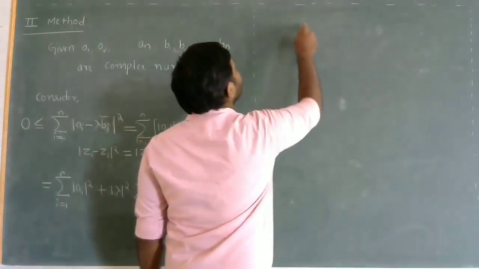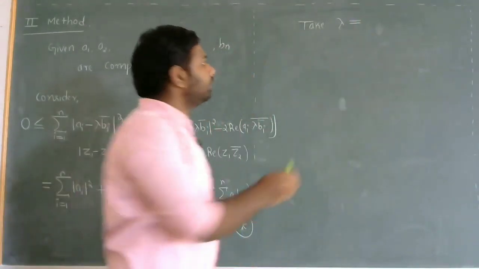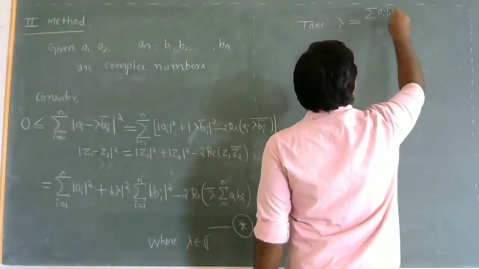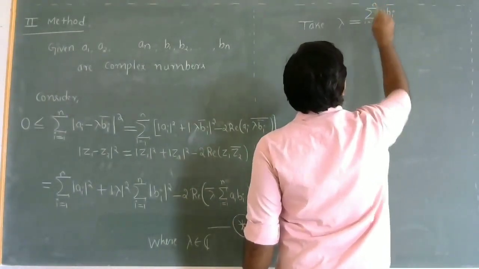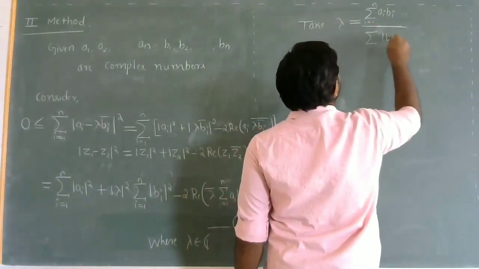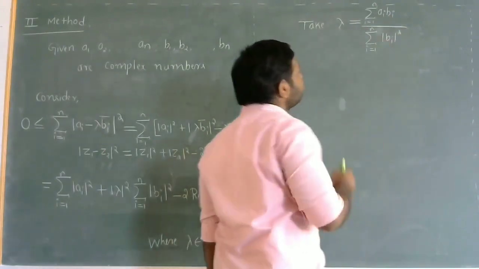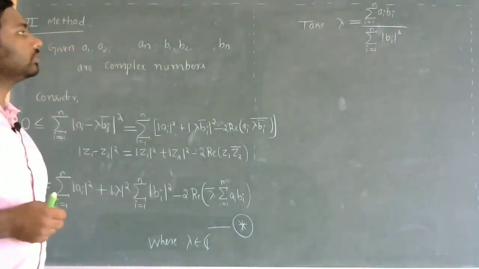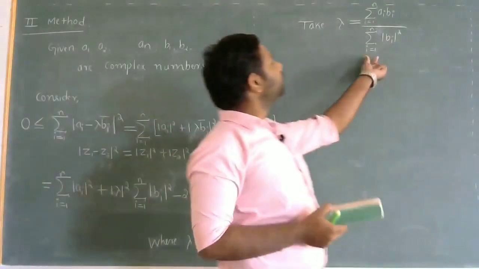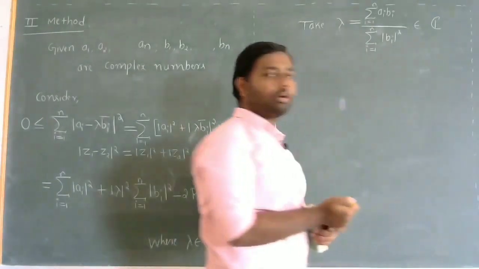Now I'll take a particular value for lambda, and the value is summation ai bi, i running from 1 to n, divided by summation modulus of bi whole square. So you can see it is a well-defined complex number.